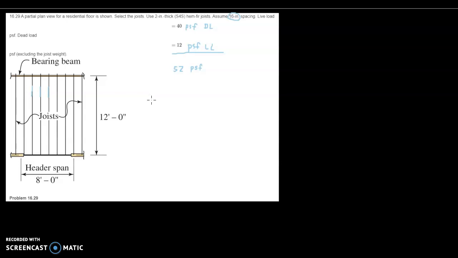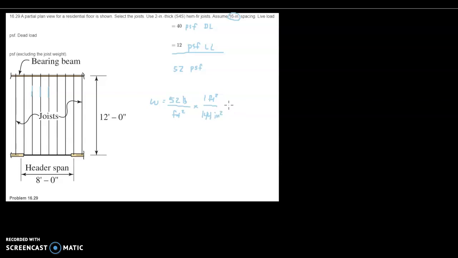So the uniformly distributed load on our joist is equal to 52 pounds per square foot, and I'm going to convert that into pounds per square inch. So for every 1 square foot there are 144 square inches.